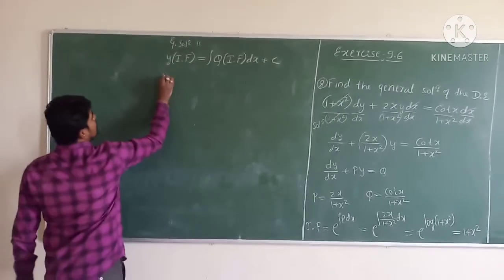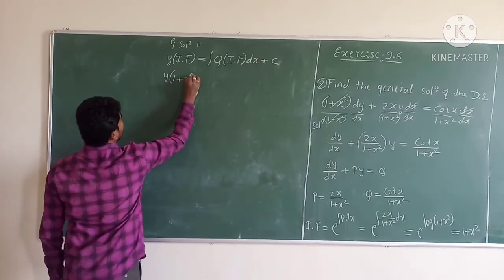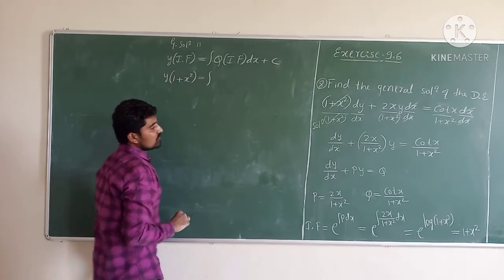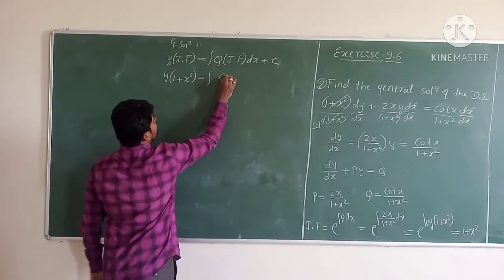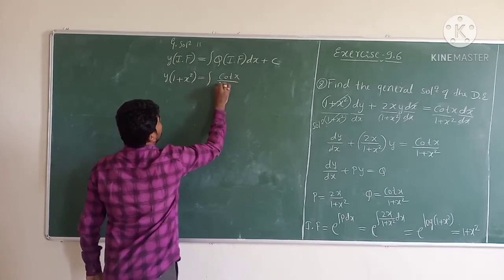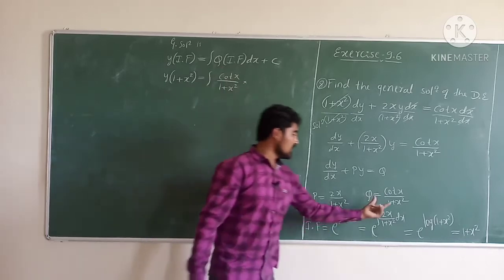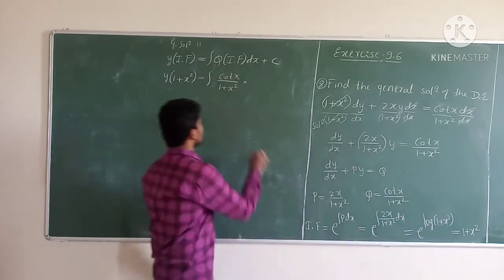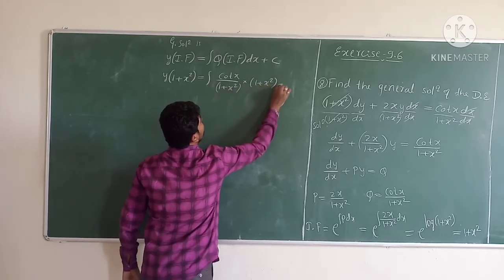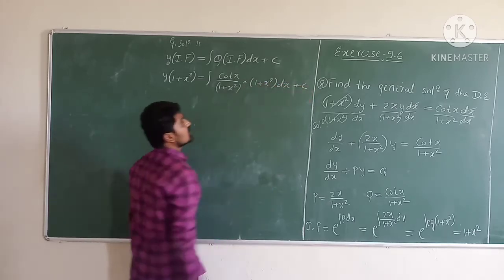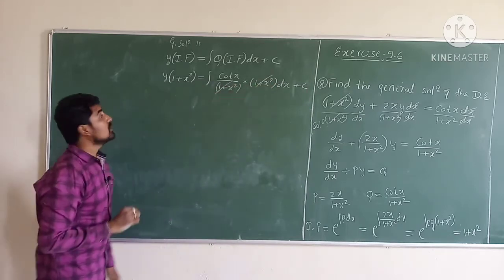So y into 1 plus x square is equal to integration of q, which is cot x divided by 1 plus x square, into the integrating factor 1 plus x square, with respect to x plus c. Now 1 plus x square and 1 plus x square get cancelled.